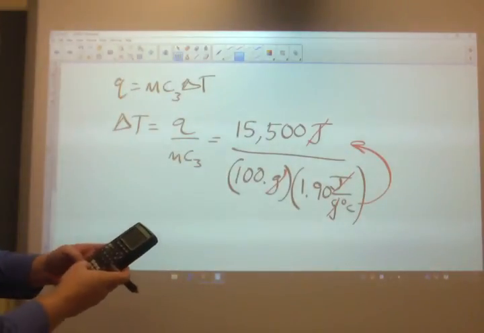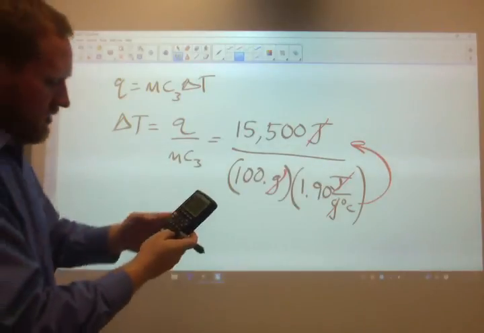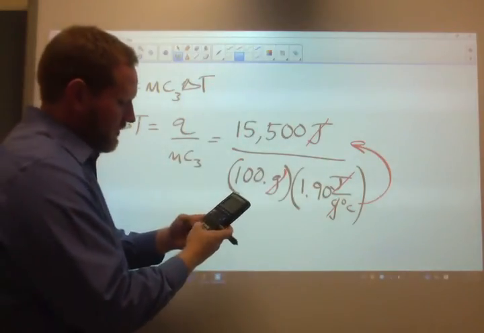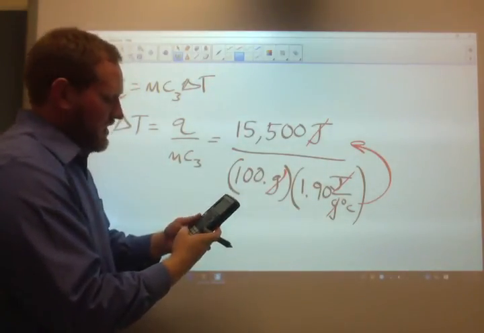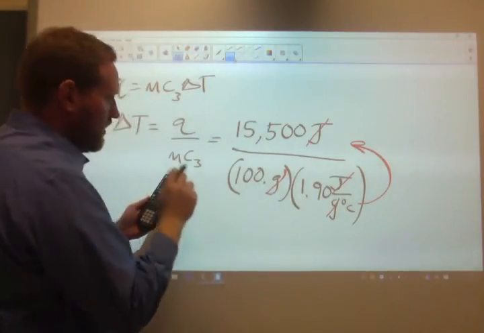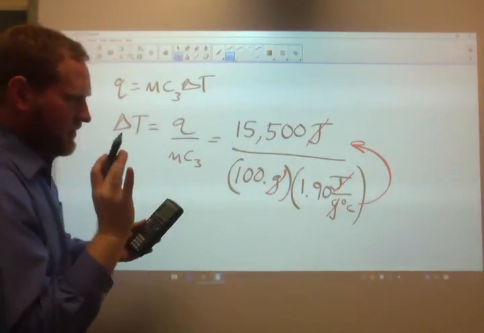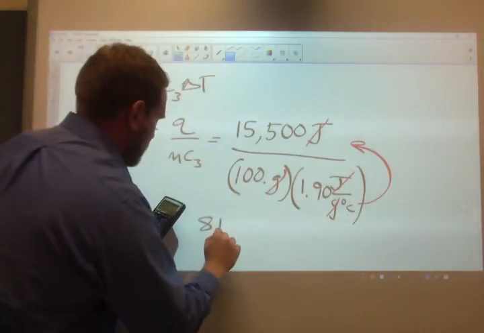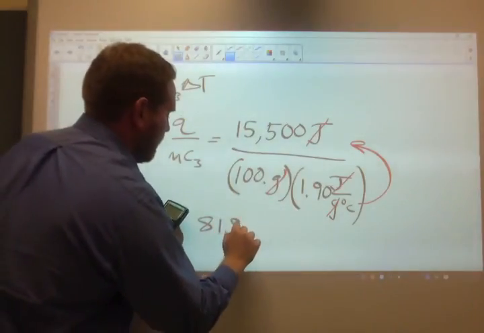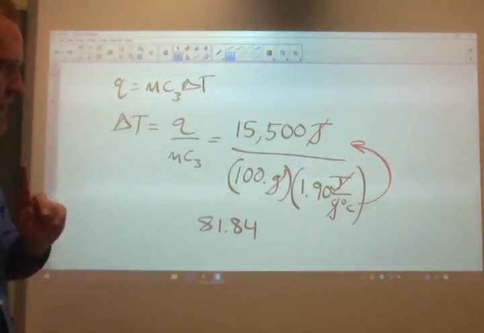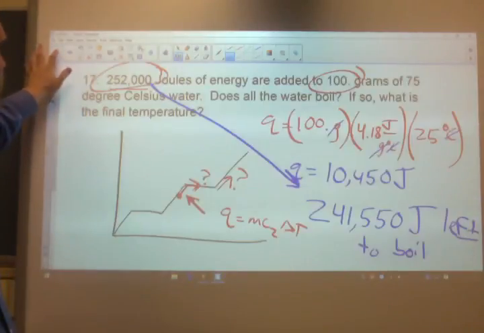Let's solve. 15,500 divided by 100 divided by 1.90 equals, let me write this down, I'll look at sig figs in just a second, 81.84. Now, with sig figs, I'm going to go back to my original problem.